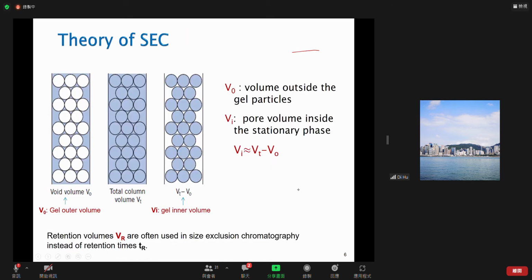Okay, so let's take a look. For those very large molecules, they cannot diffuse into the column.